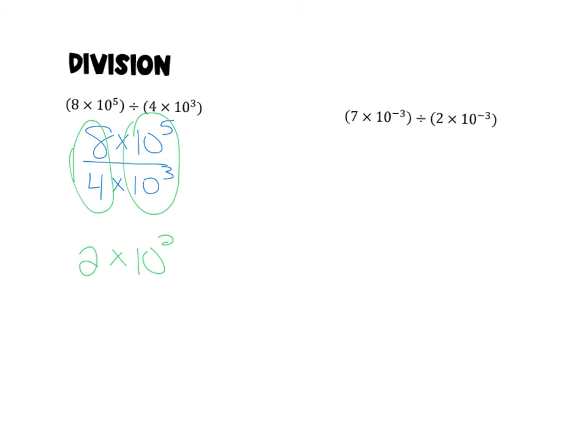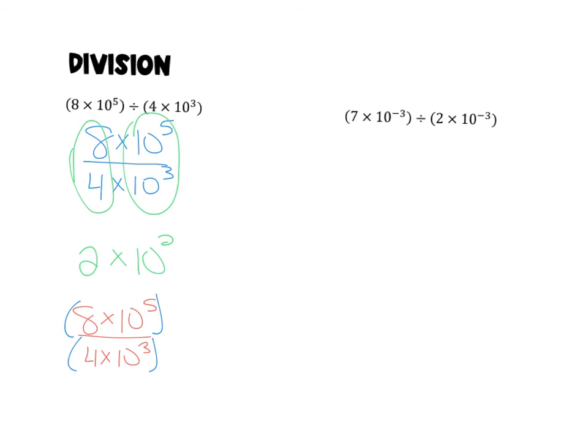Sometimes it's not a pain to do it by hand, but if you do it using your calculator, if you are going to do 8 times 10 to the 5th divided by 4 times 10 cubed, you have to enter parentheses around the numerator and around the denominator.